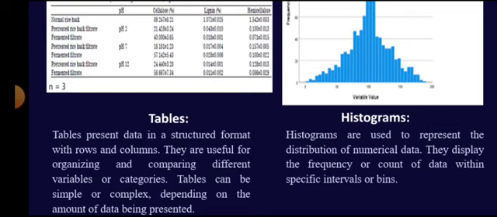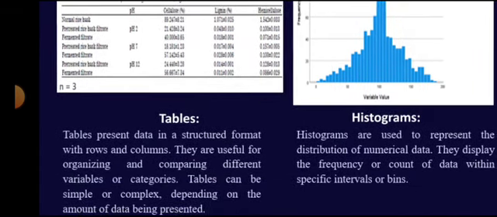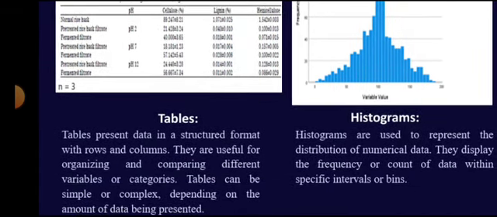The picture there shows a table, and the table presents data in a structured format with rows and columns. They are useful for organizing and comparing different variables and categories. Tables can be simple or complex depending on the amount of data that is presented.